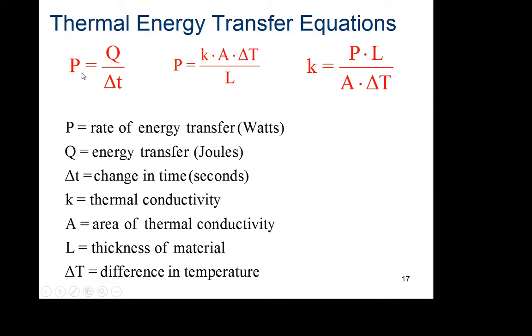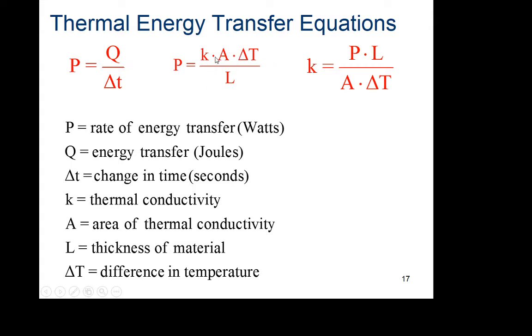This is the exact same power that we calculate when we do work per second, or joules per second. It's just another way to calculate it. So we have energy transfer divided by the change in time, or basically the amount of time it takes to transfer the energy. So Q is the same thing as work, T is the same thing as time, so this is the same formula that we've used before, just with different numbers.